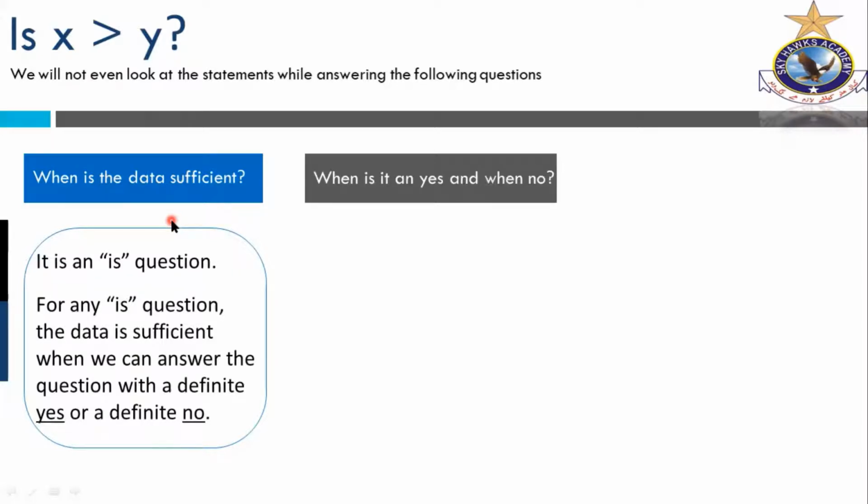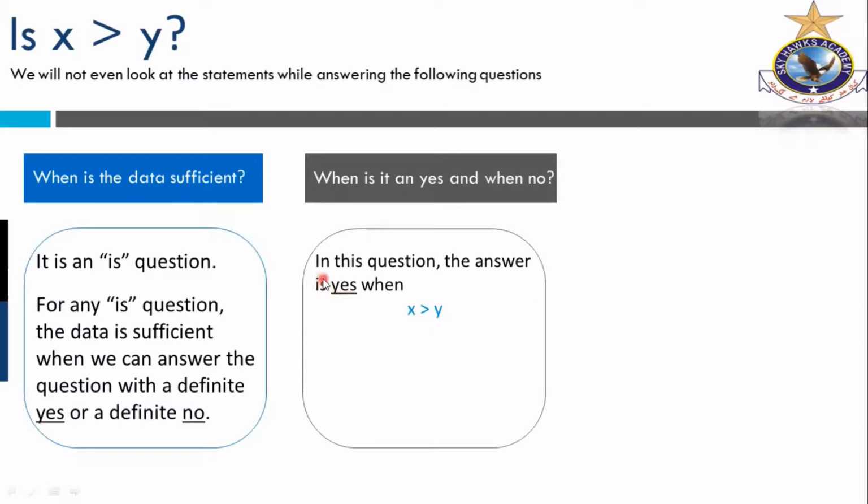The next point is, when is it a yes and when is it a no? For this question, the answer is yes when x is greater than y. If you are considering two numbers where x is actually greater than y, the answer is yes.